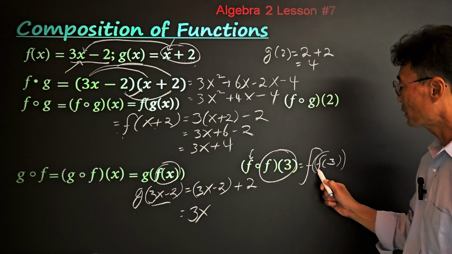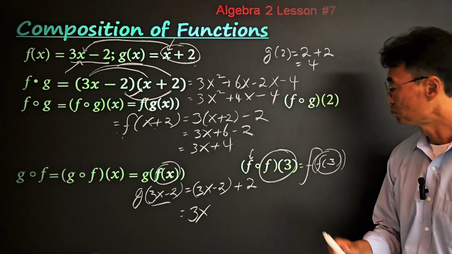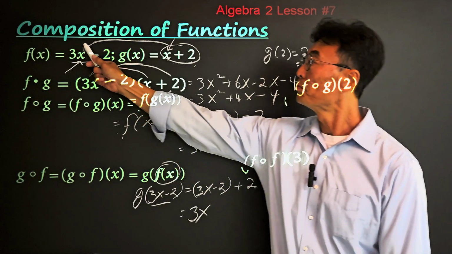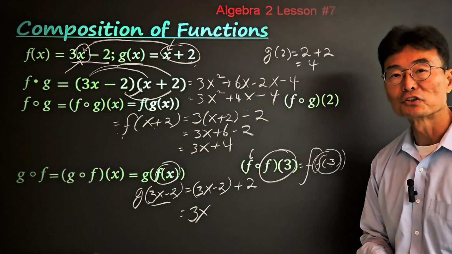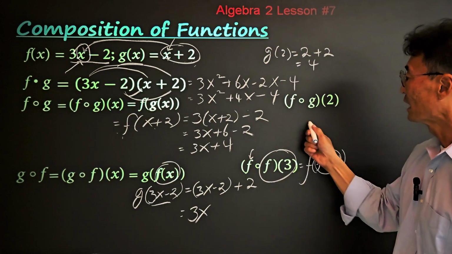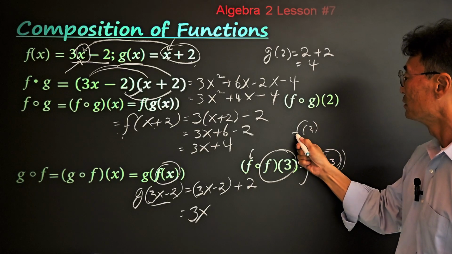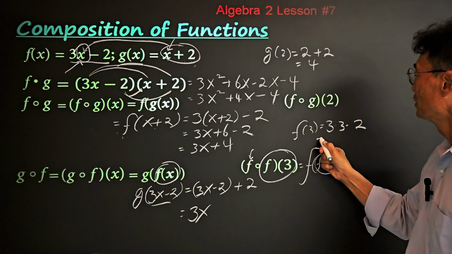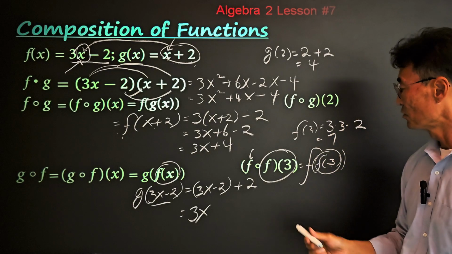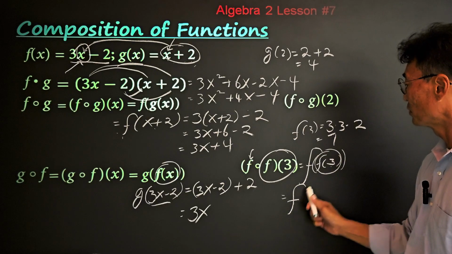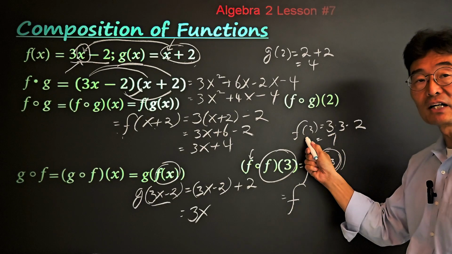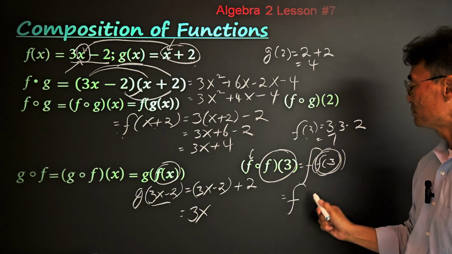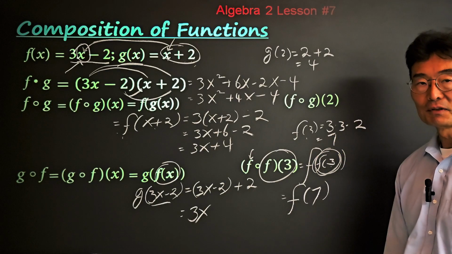Then we need to first do the f of 3, meaning take the 3, plug it into the x of the original f of x function, and f of 3 would be 3 times 3 minus 2, or 7. So then this will be f of, once again, that f of 3 we just worked out up here, and it equals 7. So it's going to be f of 7.